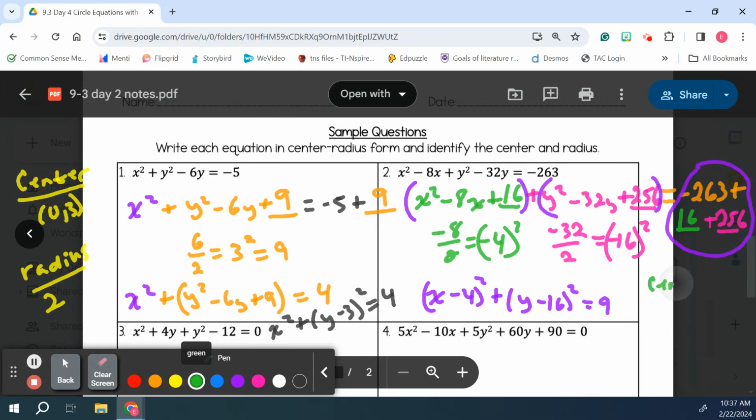So my center is what? Who could tell me? What's the center?